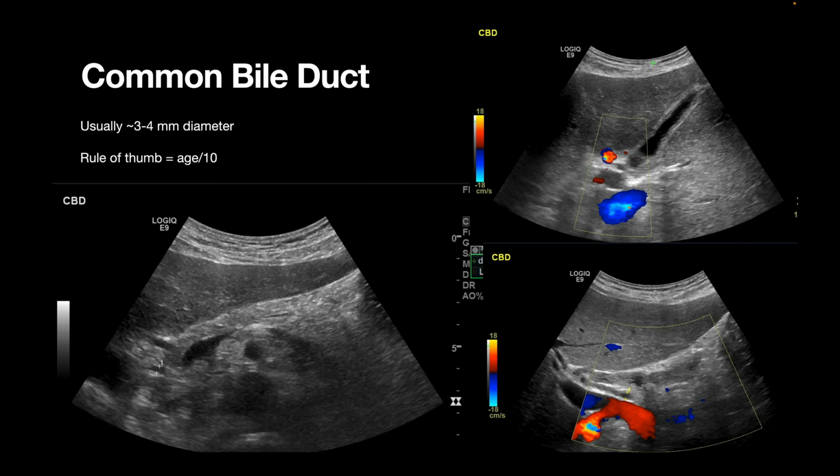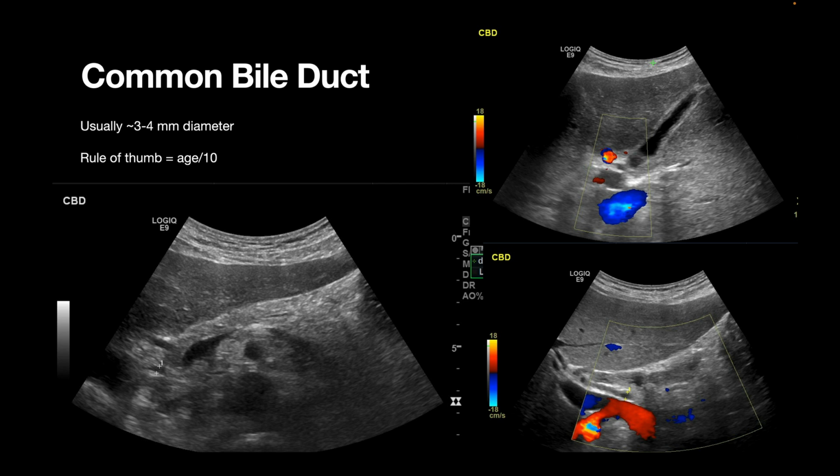The two main places we look for the common bile duct, if we can't see it clearly in its full length, which is often the case, we look in the head of the pancreas. So if you look in this bottom left-hand image here, you can see this is the left lobe of the liver, there's the head of the pancreas, and you can see the portal vein, or the portal confluence, which is that dark teardrop-shaped vessel there on the screen.